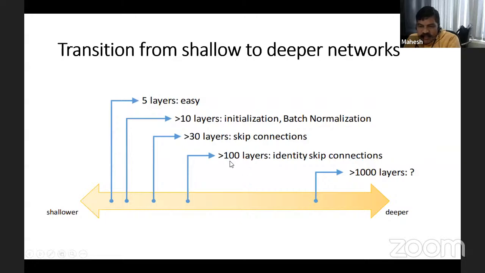And for layers more than 100, we have to use identity skip connections. And 1000 means we have not actually reached that level. Okay, that is future. If there are few layers, you can handle it easily. If more layers, then we will face some problems. One problem is the vanishing gradient problem. That problem can be solved by using batch normalization or skip connections.